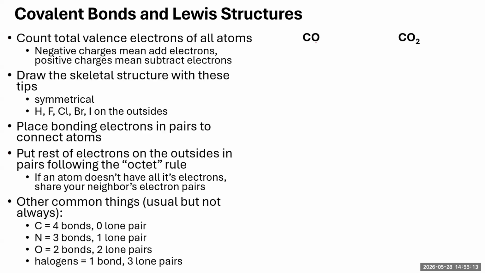All right, let's do CO, carbon and oxygen. Carbon has 4 electrons, oxygen has 6. We have 10 electrons total. You can only draw this one way, C and O. They're connected, right? Because it's a molecule, right? So here we have 1 electron, 2 electrons.